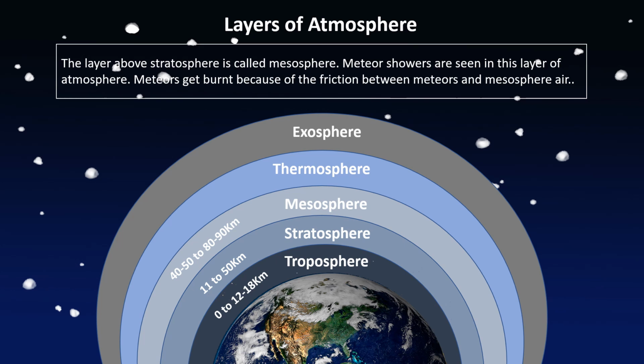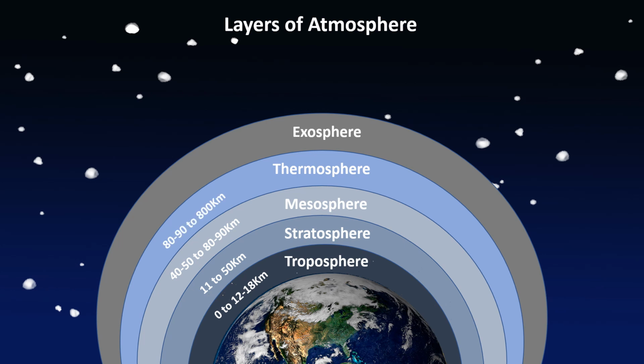The gases in the mesosphere are thick enough to slow down these meteors and burn them up in this layer only. While these meteors burn, they leave fairy trails in the night sky. That is the reason we call meteors shooting stars or falling stars.